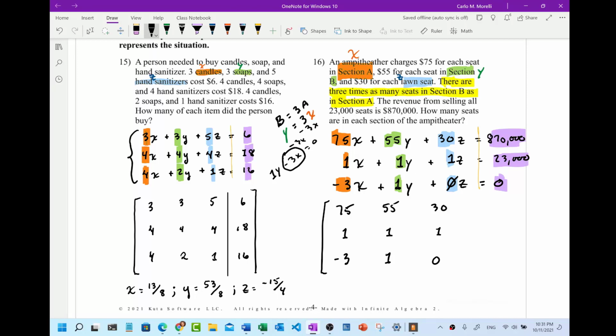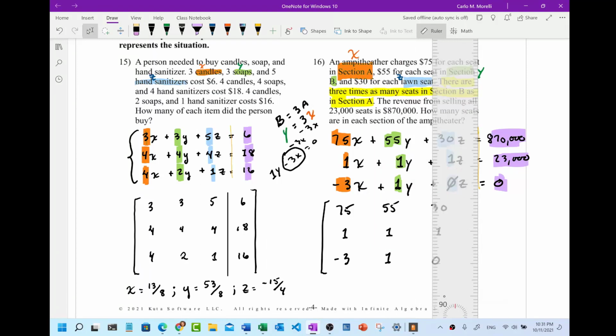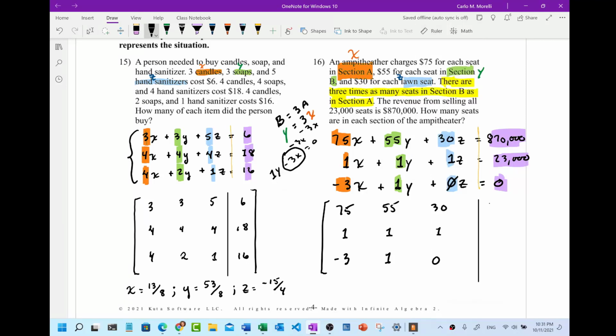And then I've got my augment line, which is where the equal sign used to be, right? And then I've got 870,000, 23,000, and 0. Okay? And then we close those brackets off like this.